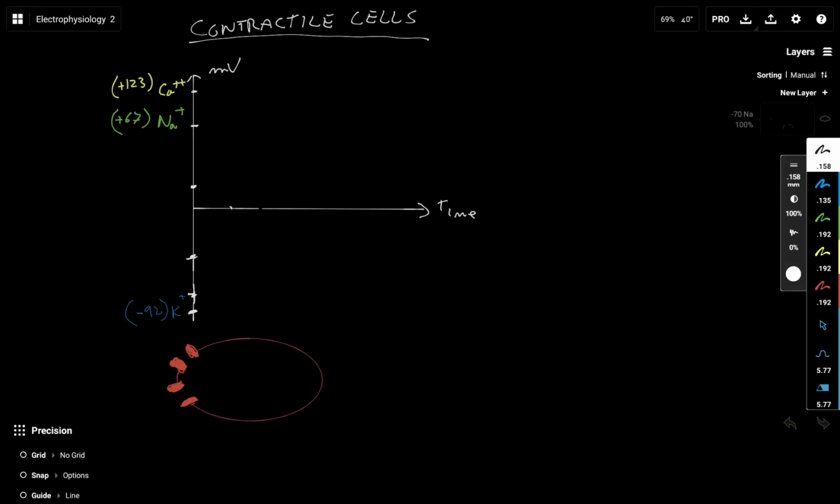At the bottom, you can see a representation of my contractile cell. And the two structures there on the left of the cell represent gap junctions. These gap junctions are literally two holes, two channels that are always open in between contractile cells. So what does that mean? That means that here I would probably have another cell, and what goes through these gap junctions are the leftover ions from a previous repolarization.